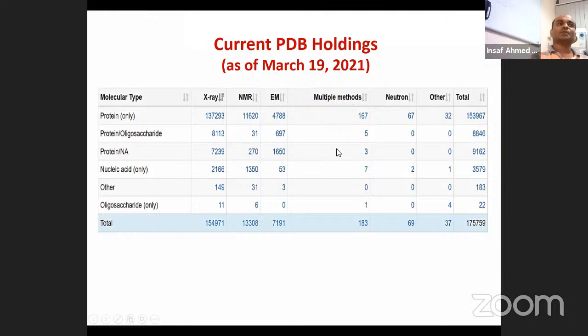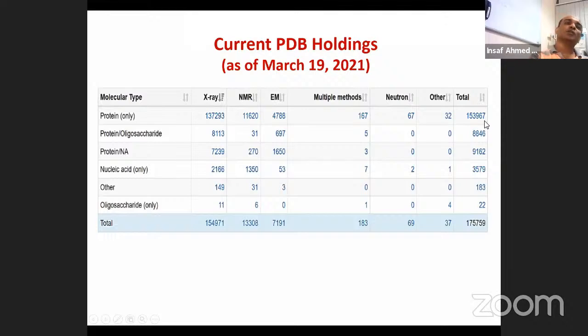People have also clubbed 2 or 3 techniques, called hybrid or multiple methods, so that is also very less. So the most preferred method is X-ray, and the most preferred biomolecule is protein.